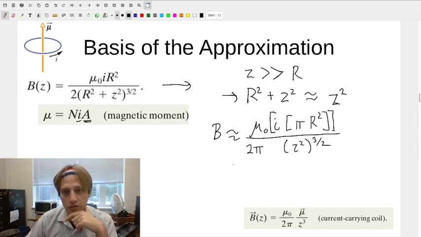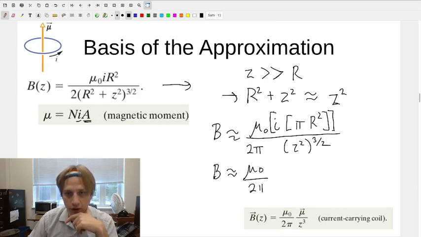So you can write that B is approximately equal to mu naught over 2 pi times the magnitude of the magnetic moment, I times the surface area. And then if you take z squared to the 3/2 power, 2 times 1/2 is 1, so this is z cubed. All right, so there you go.